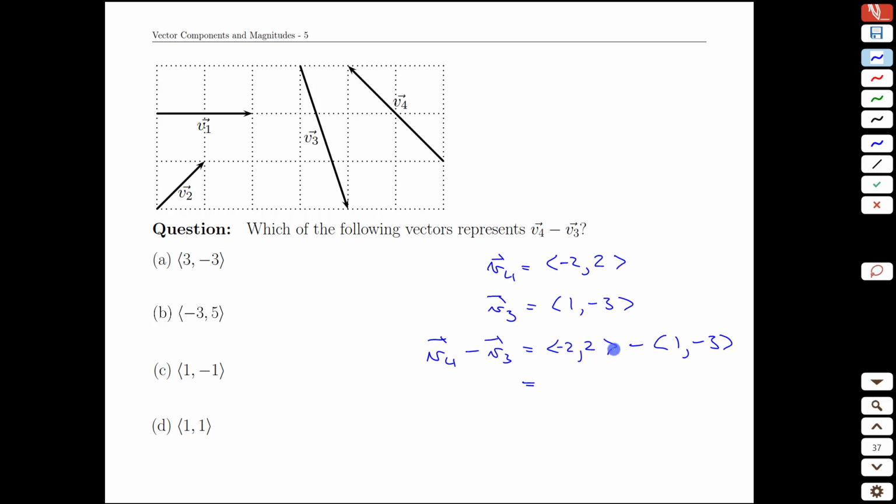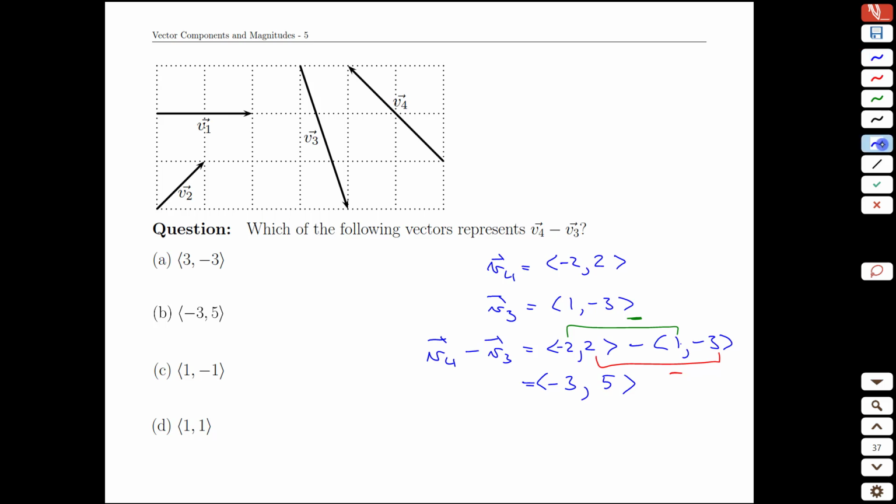We would take this negative 2 and we would subtract the matching x component in the next vector. So we'd combine those two with a minus sign because of the subtraction between the vectors. So we end up with negative 2 minus another 1. That would be negative 3. And we repeat the same calculation with the y components. 2 minus negative 3 is going to be plus 3. That would be 5. Does that make any sense?